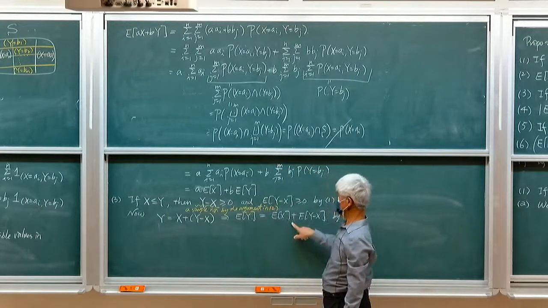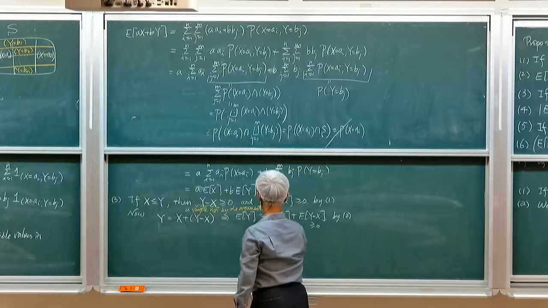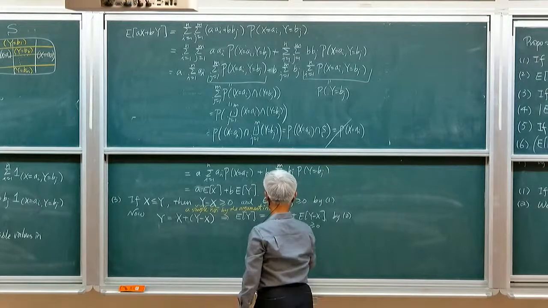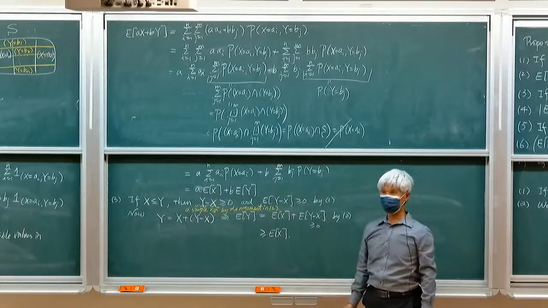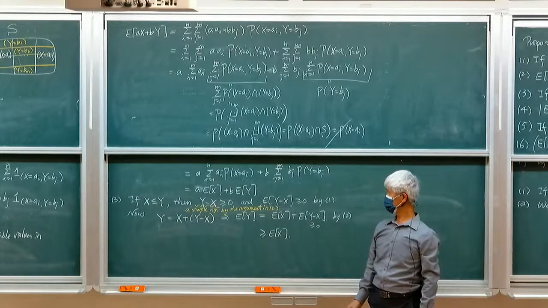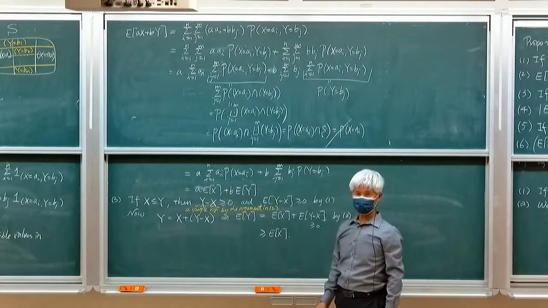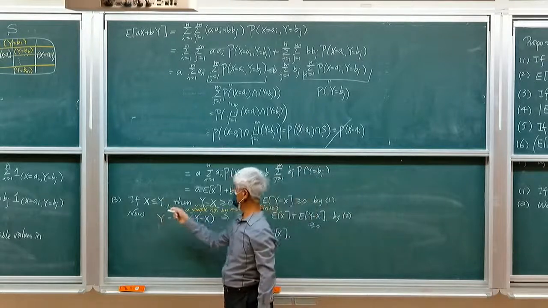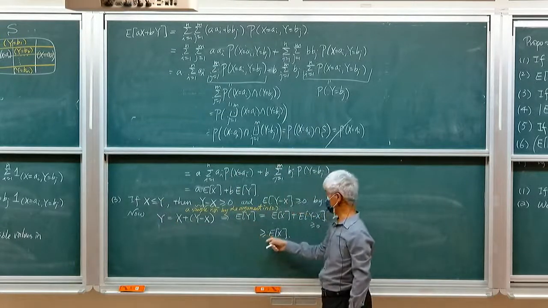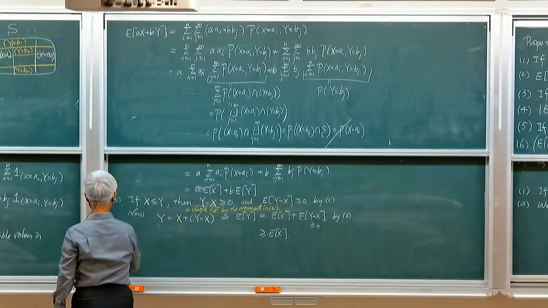Because this term is greater than or equal to 0, the expectation of y is greater than or equal to the expectation of x, and we have done, because this term is non-negative and becomes a lower bound. So when x is less than or equal to y, then the expectation of y is greater than or equal to the expectation of x. So that is the third one. The fourth one.